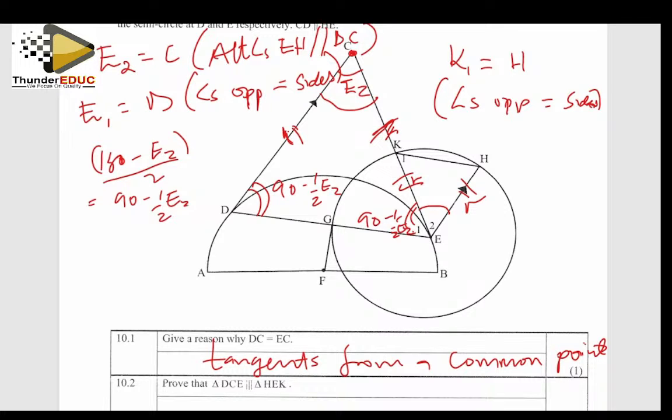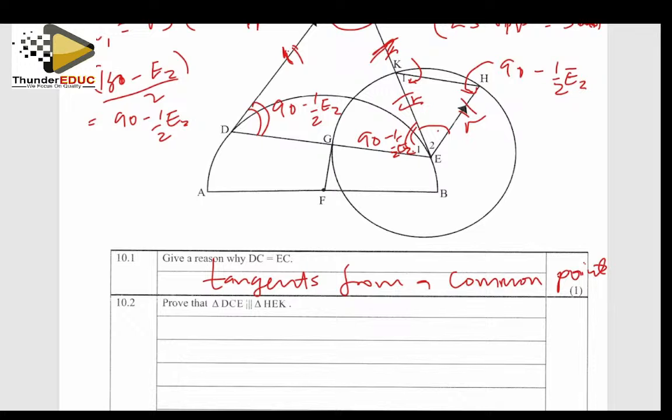Same story here, if this is E2, then even this one is going to be 90 minus a half E2, same as K1 also. So if that is true, then we can finish up the proof and say that our D should be the same as angle H, and then our E1 should be the same as K1.